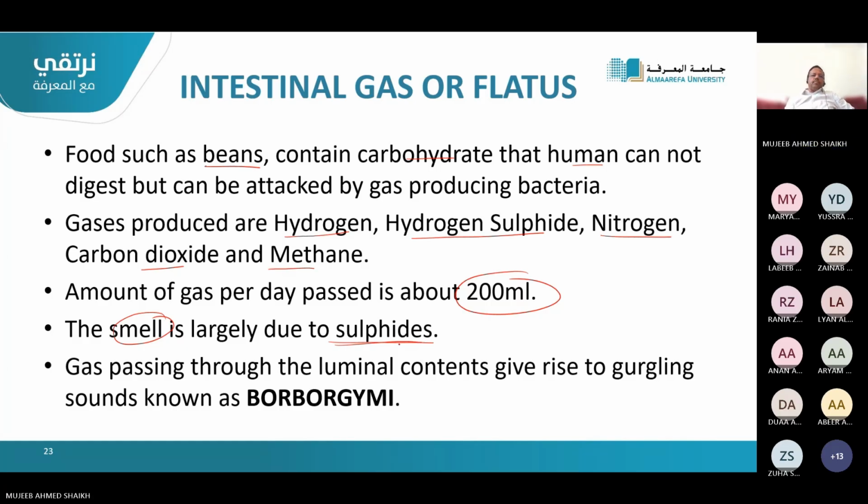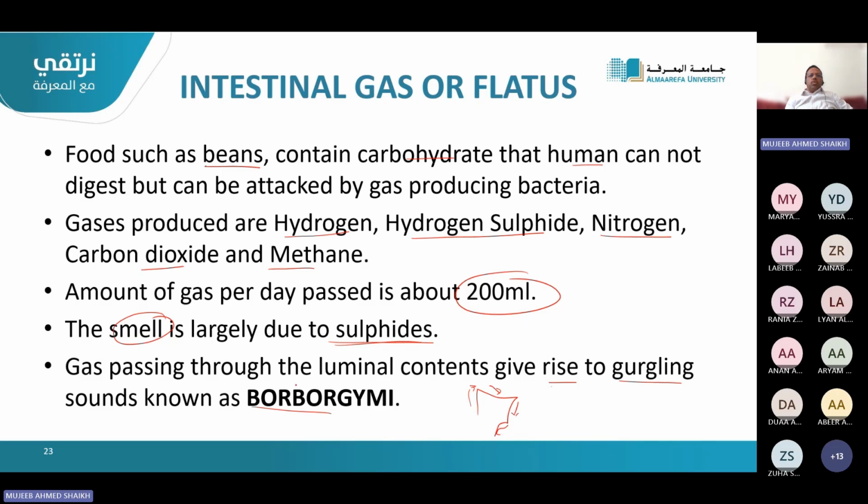Gas passing through the luminal content gives rise to a gurgling sound. When the gas moves in the large intestine, it will give you a sound which a person can easily hear even without the use of a stethoscope.